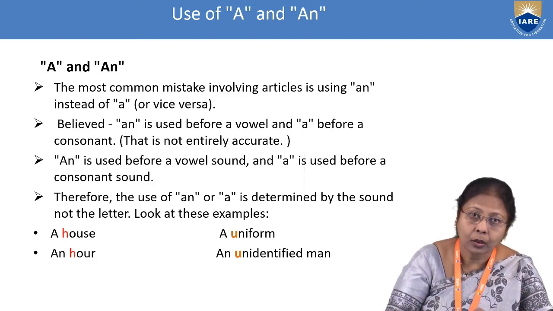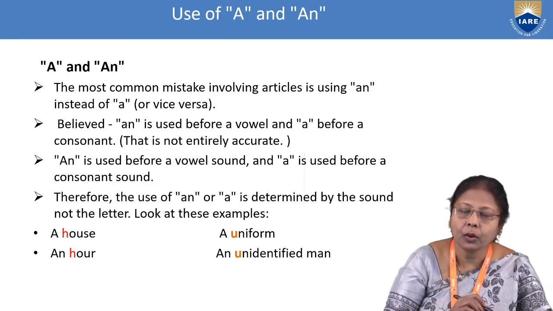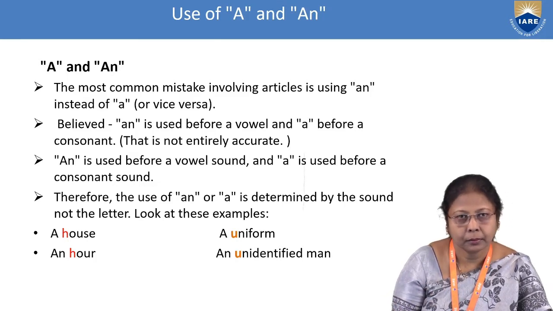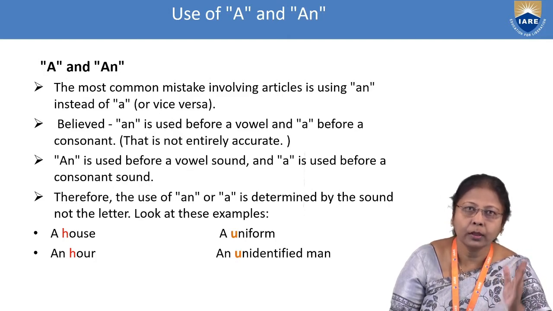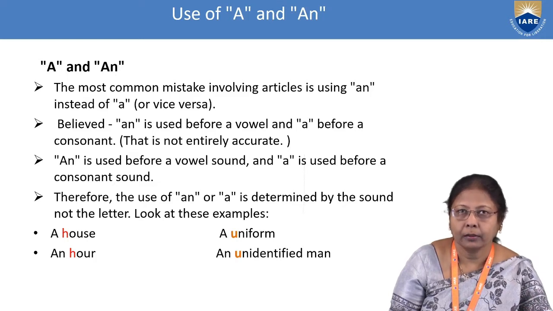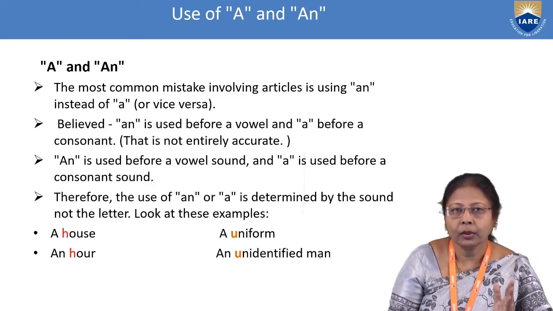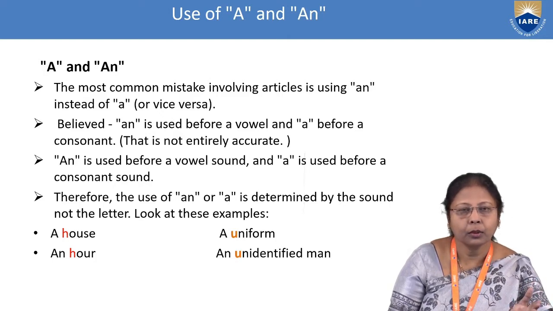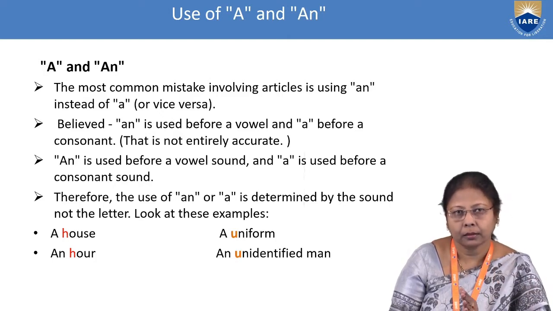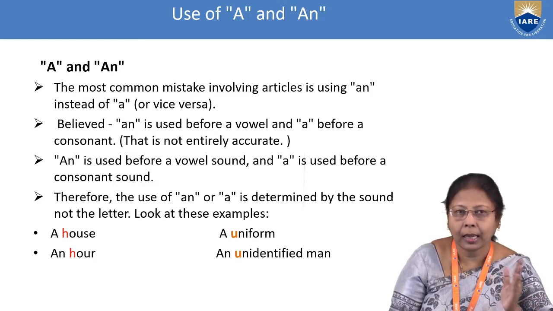Though it's a consonant letter, it gives the sound of a vowel. House, that's why before house we have to go with a. And before hour, H is silent here, so the pronunciation goes like "our". So before that, we have to use an.